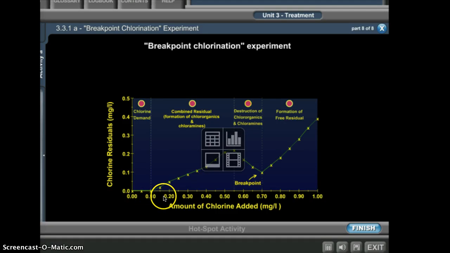Then as you keep adding chlorine, this is your combined residual, where the chloramines are formed. Then the next step is where the chloramines start to be destroyed, and that goes until such a point where it reaches the break point.